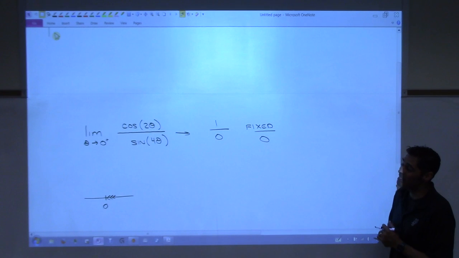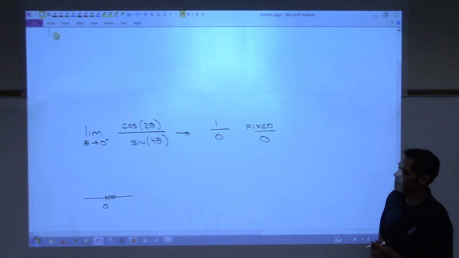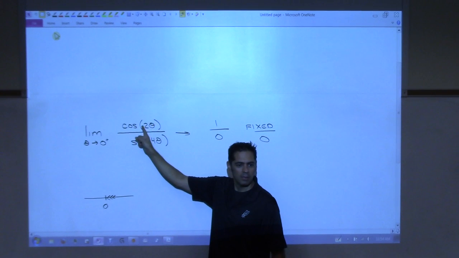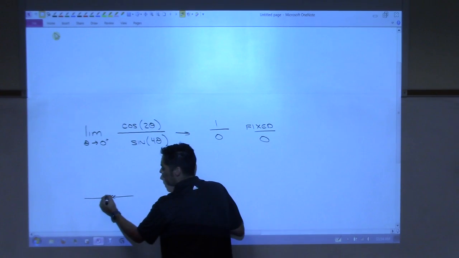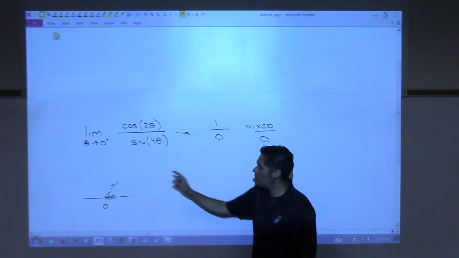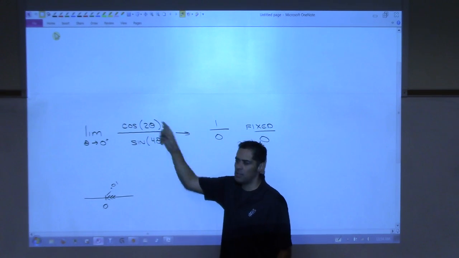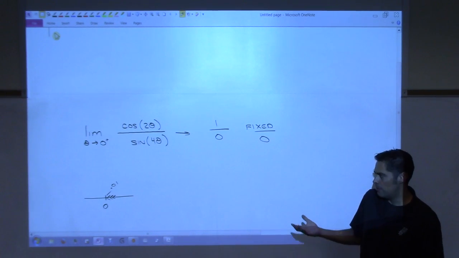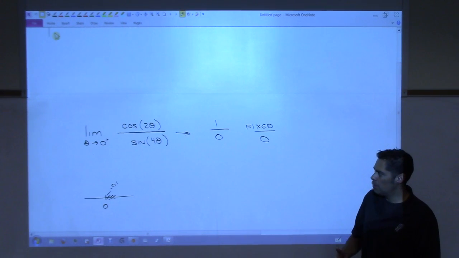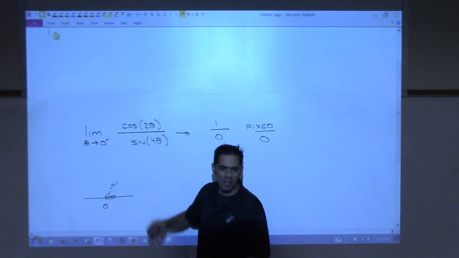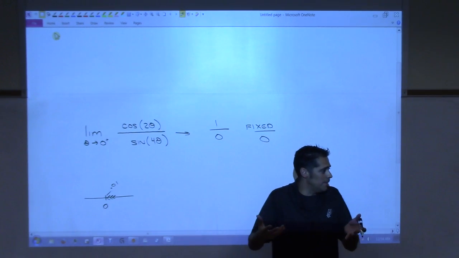So let's think about this numerator. See how even if I picked a number like 0.01, I would still have to plug it in here, double it, and then do cosine on my calculator to figure out what the answer is, right? Theoretically, that's what I will do. If those were just like theta squared plus theta and there was no cosine, then it would be easy to just look at it and see.